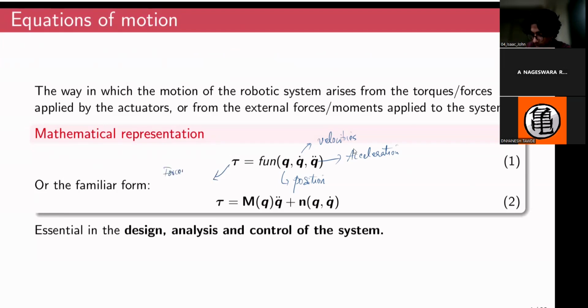The unit depends on what kind of joints or what kind of coordinates you have in this vector, q dot or q double dot.